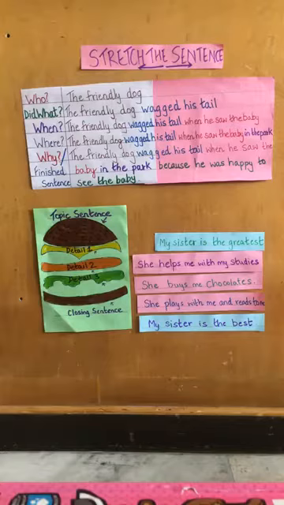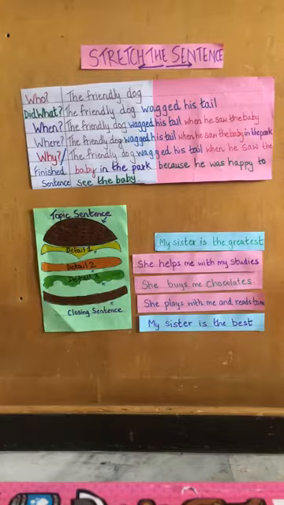So you make a column for what, and in this case I've just given an example. The friendly dog wagged his tail. Next is when. So when did he wag his tail? The friendly dog wagged his tail when he saw the baby.